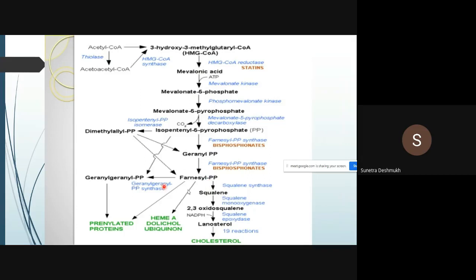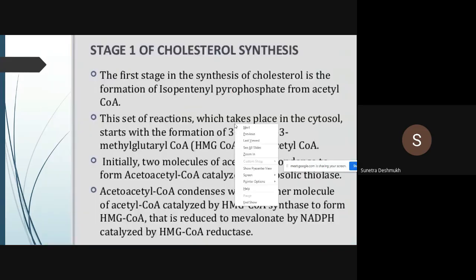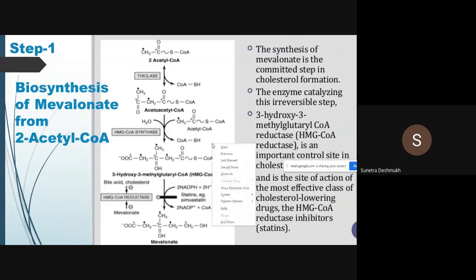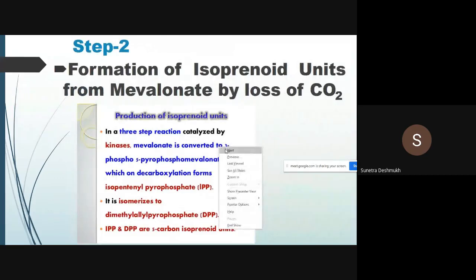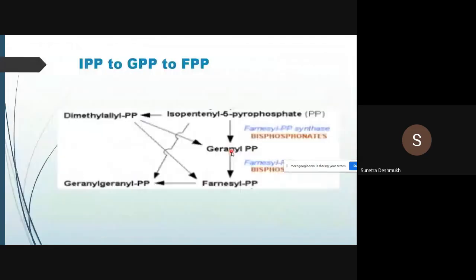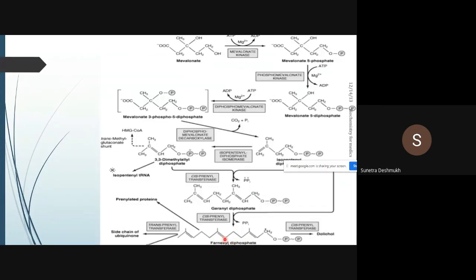We have seen those steps, and now we will go to the next step: how to convert farnesyl pyrophosphate to squalene. So this is the schematic presentation starting from mevalonate.